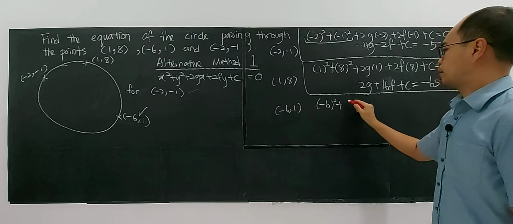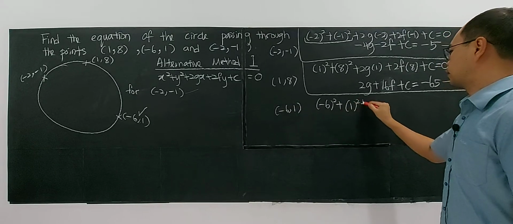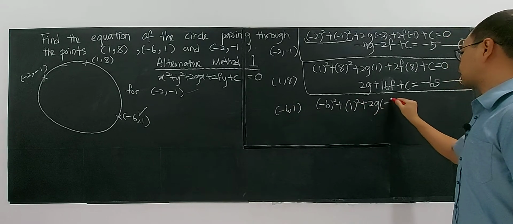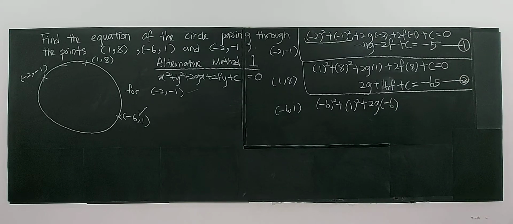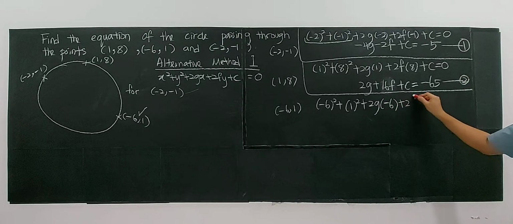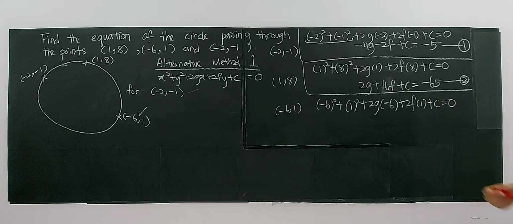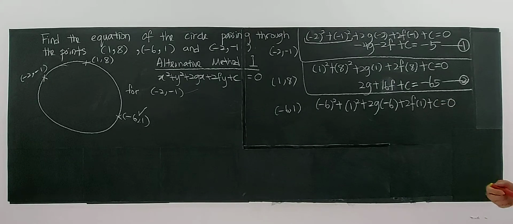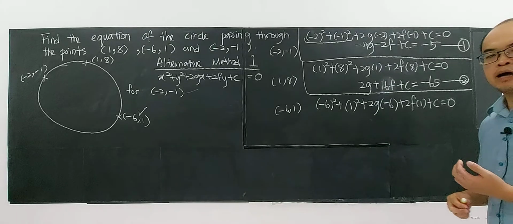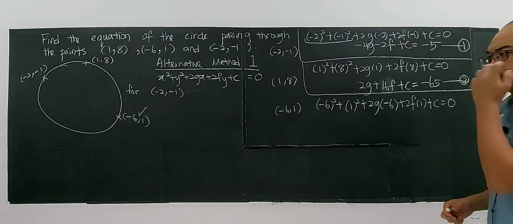x squared plus y squared plus 2gx plus 2fy plus c equals 0. Rearrange again and you get the third equation. This is the alternative method, type 1.